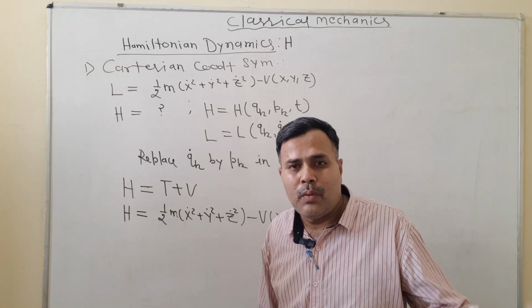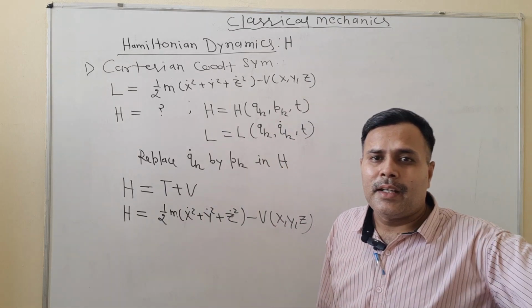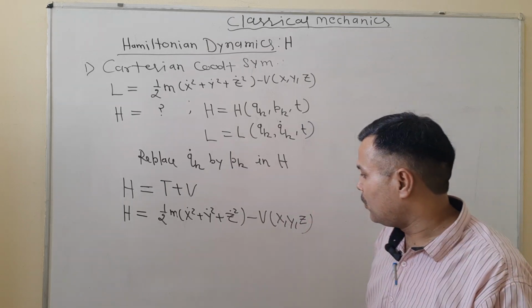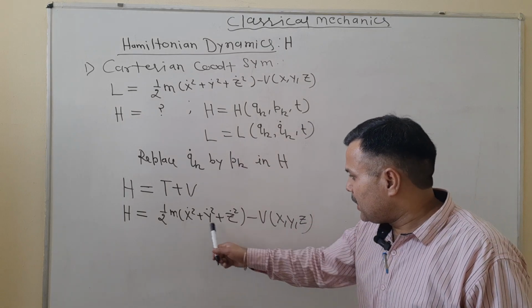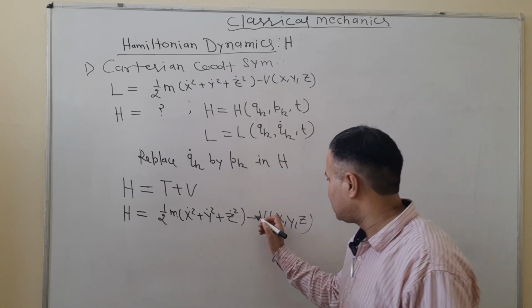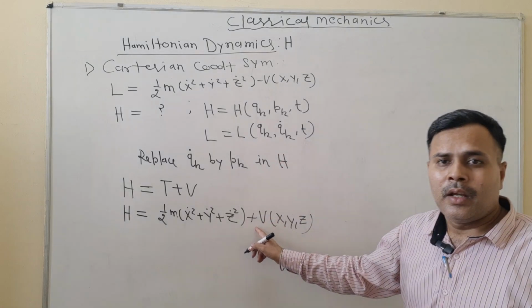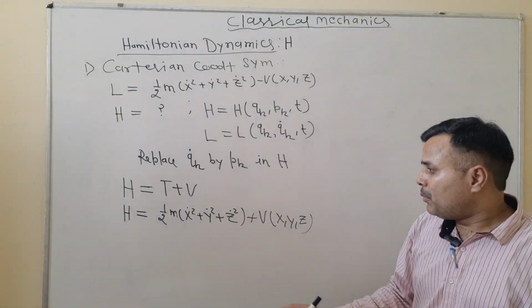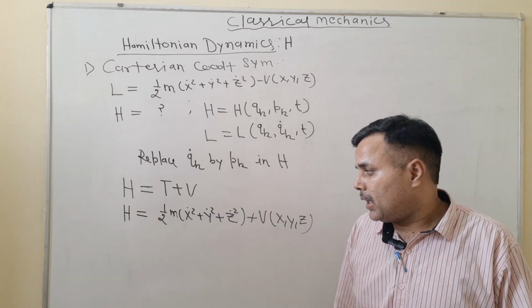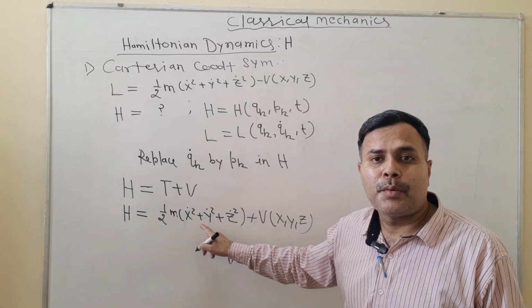We will go for another relation, which is H equal to pk qk dot minus L. So now H is the kinetic energy plus, not minus, plus V. But H is a function of q, p and t, while here it is a function of qk dot.